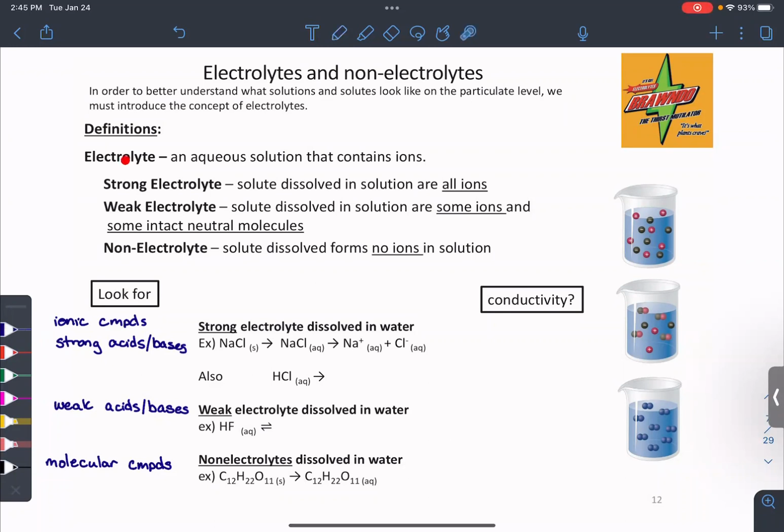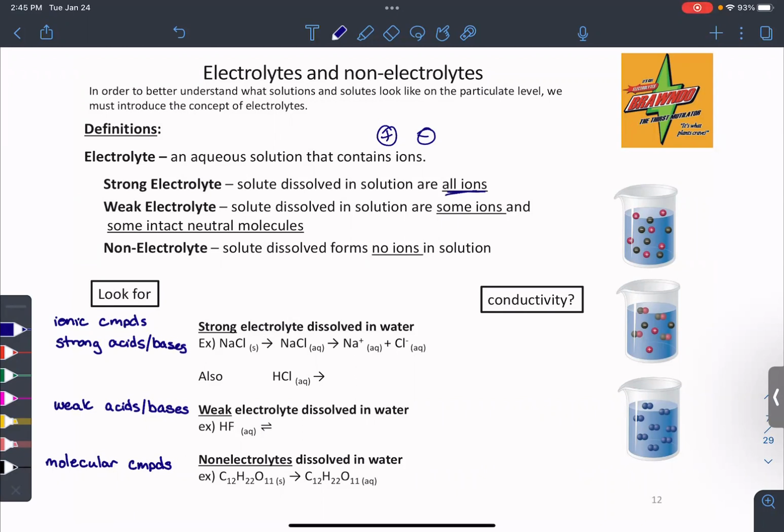So some definitions here. Any electrolyte is just any solution that contains ions. And what I mean by ions, cations and anions, all right? Any amount. These solutions will conduct electricity. But underneath that, we have different types. We have strong electrolytes. When you dissolve that substance into solution, only ions are present in solution.